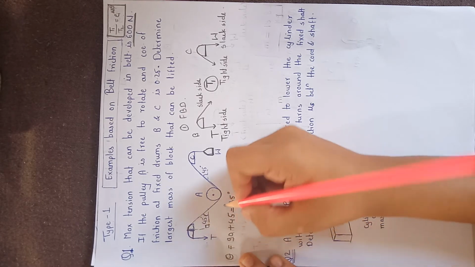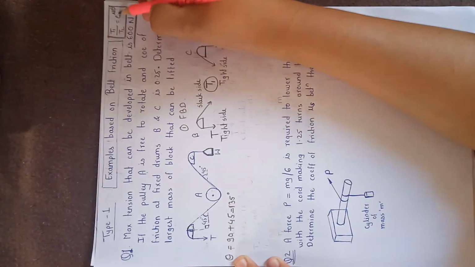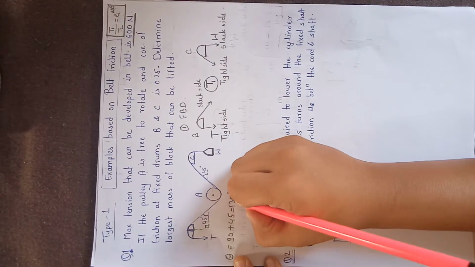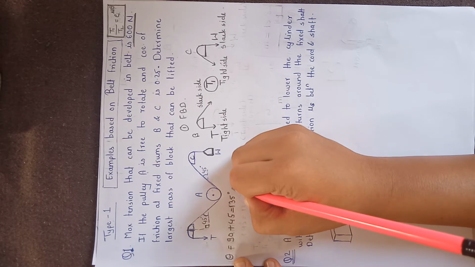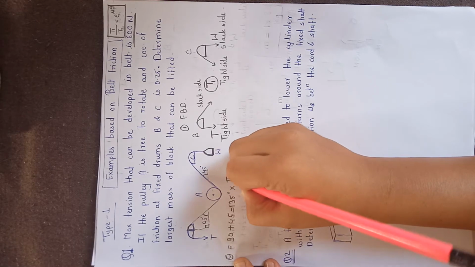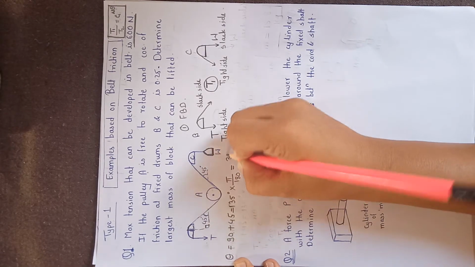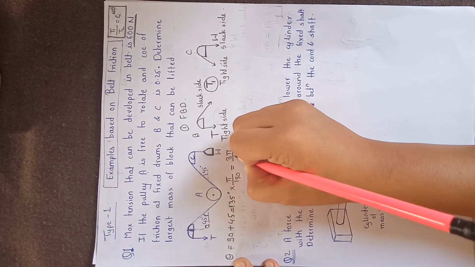And if we have to use this formula, theta must be in radian, so we convert this into radian by multiplying with pi by 180. It comes out 3 pi by 4.